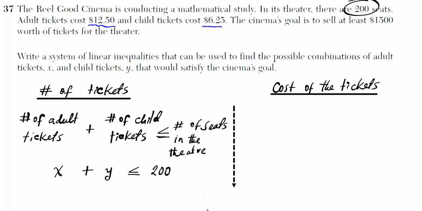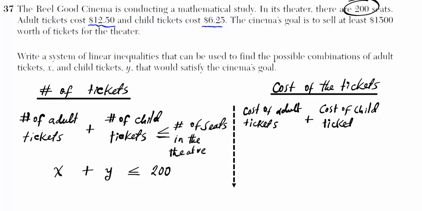Okay, so let's go ahead and write down the inequality. The cost of adult tickets plus the cost of child tickets has to be at least, the goal is it has to be at least 1,500.